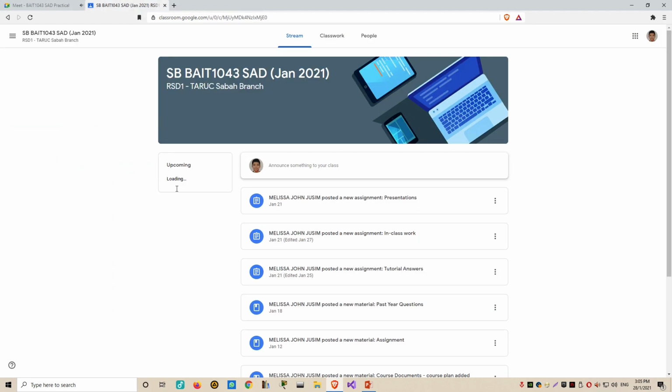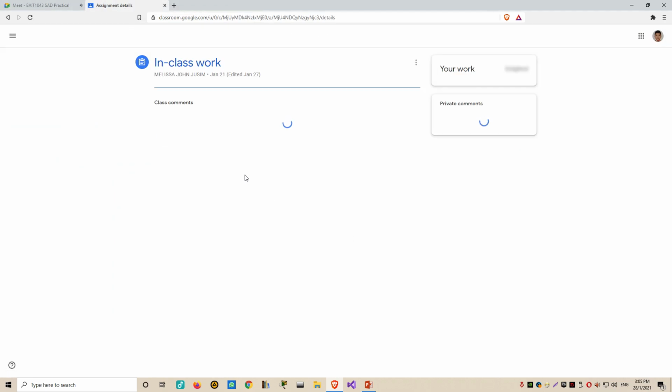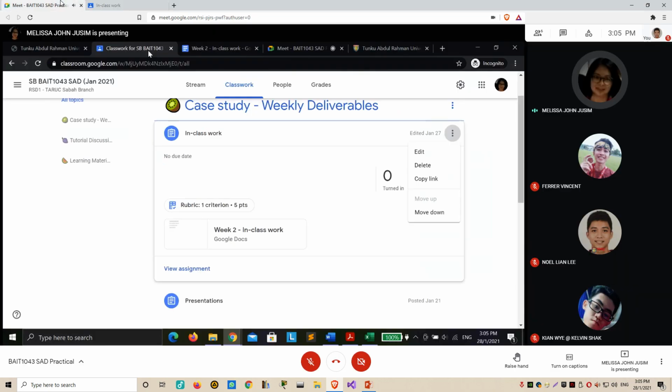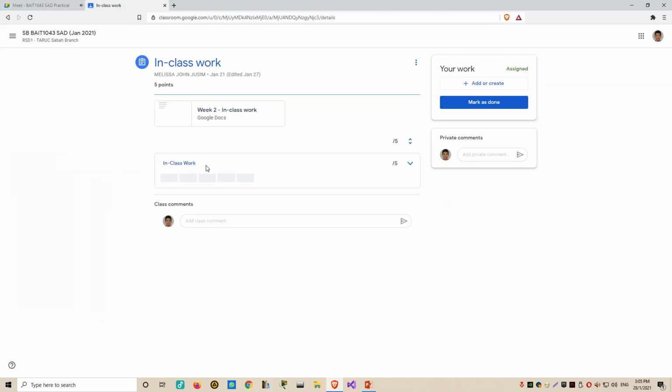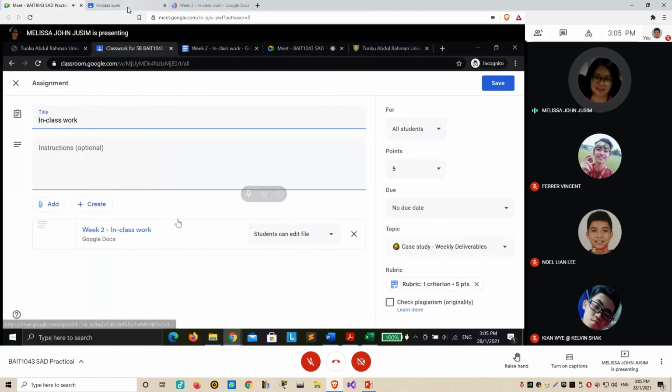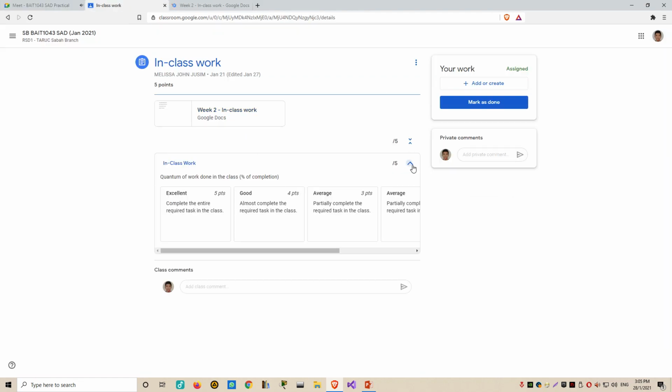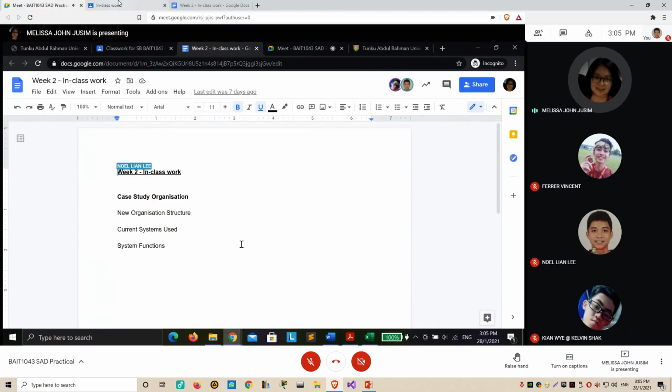I put, yeah, correct. Students can edit files. So you can go into this document, and then add in the necessary info for me to comment lah.